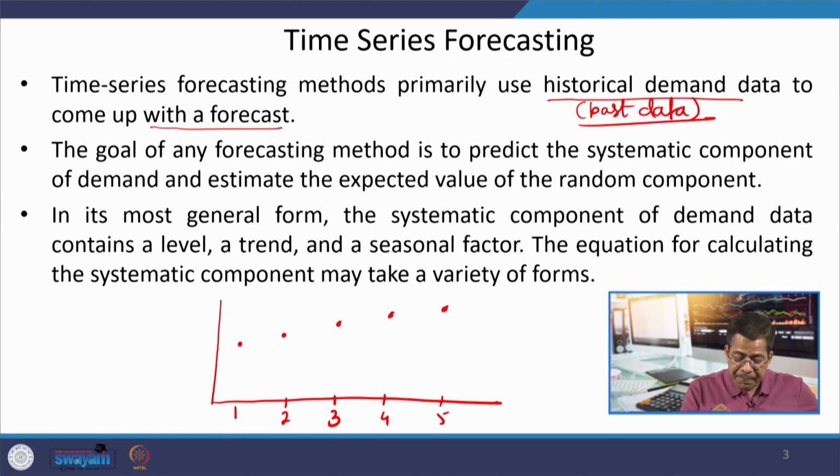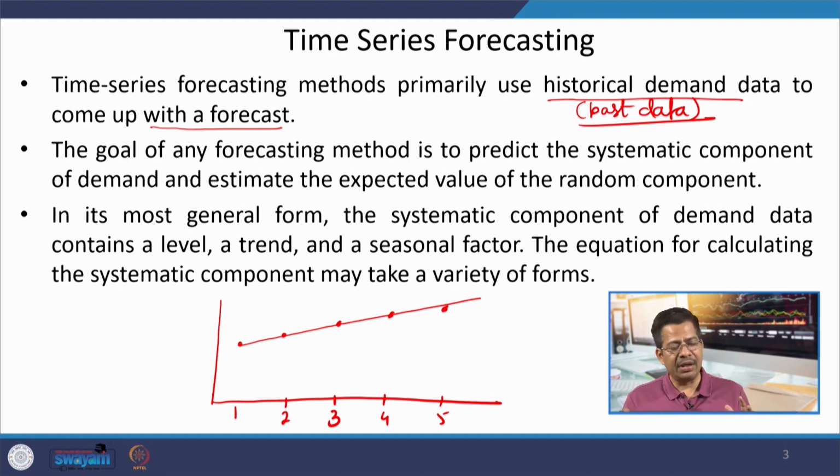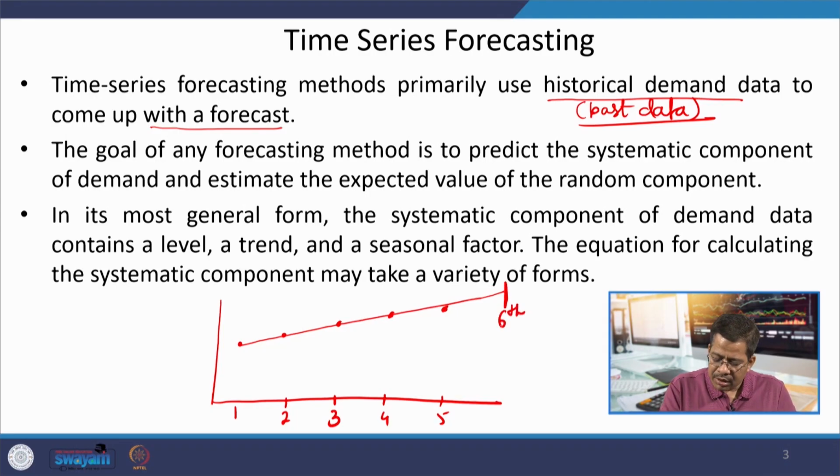It may appear to you that the data goes this way, and then you have identified the pattern of this data, that there is some increase in demand happening from one period to another period, and you are expecting that the same pattern will continue for the next period also, and therefore, in the sixth period, this will be the possible demand.